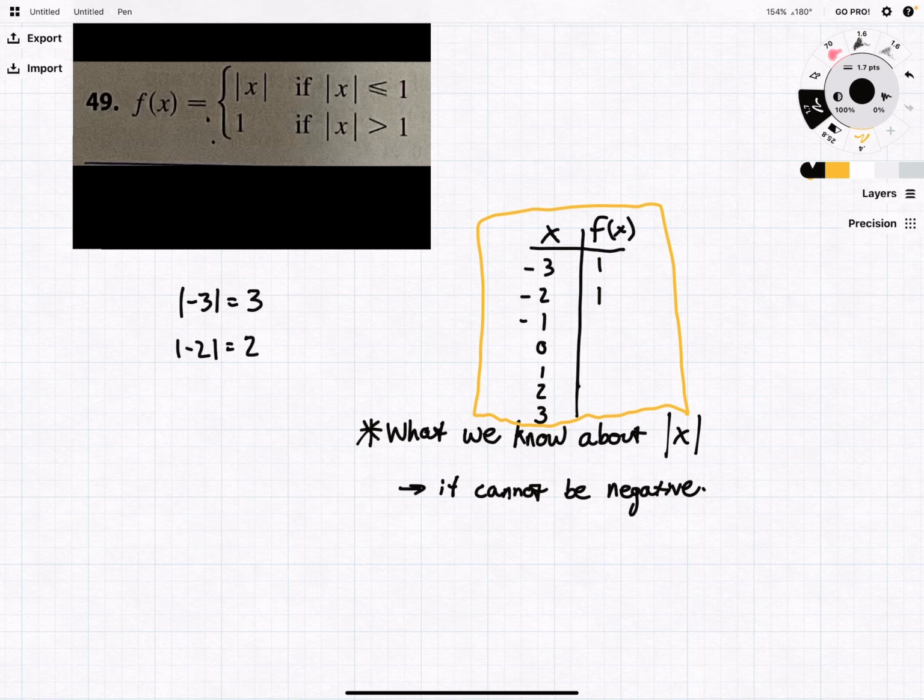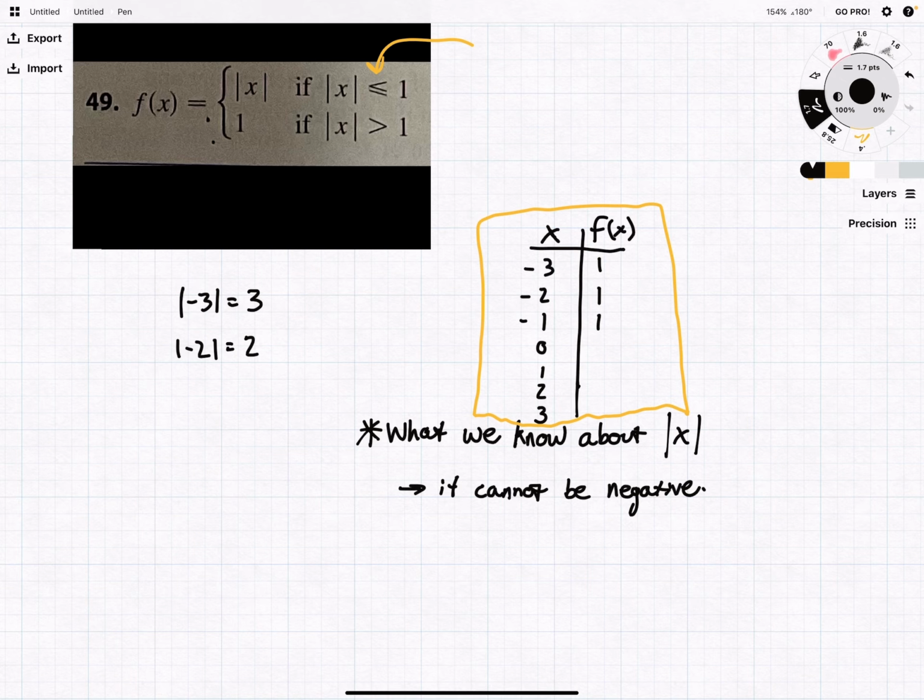Now if we go to -1, the absolute value of -1 gives us 1. Looking back at our piecewise function, if it's less than or equal to 1, then our answer is absolute value of x. Coincidentally, that happens to be 1 as well.